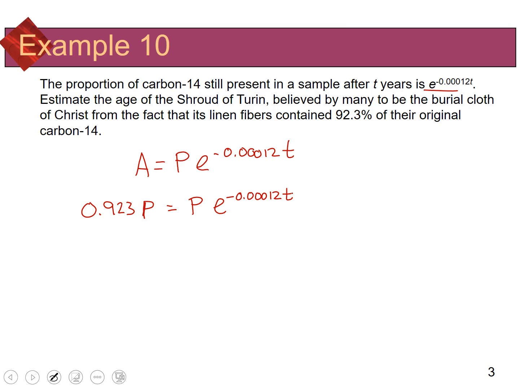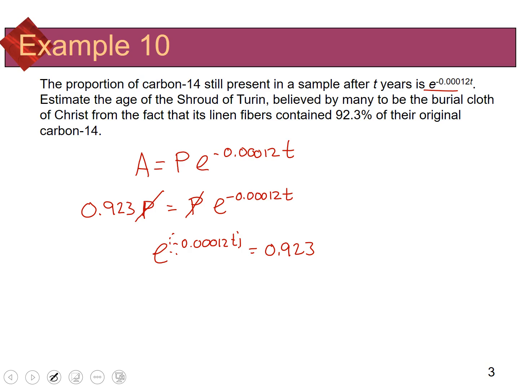I don't know what the original amount was, but the first thing I would have done anyway is divide it through, and they would have canceled. So I'm trying to solve this equation for T.